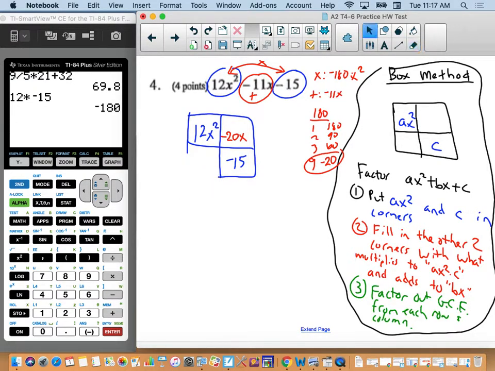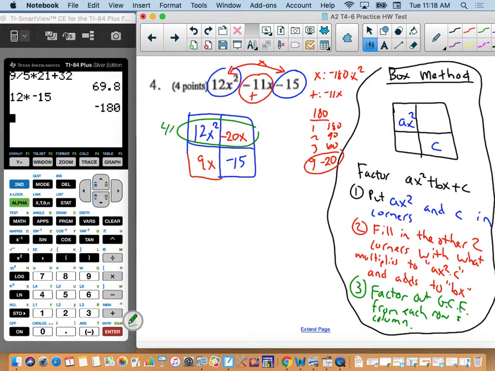This should be a 9x. I'm not sure where I got the 11. The 2 numbers I put in there have to add to negative 11x, so 9 and negative 20. So now for step 3, I'm going to factor out the GCF from each row.